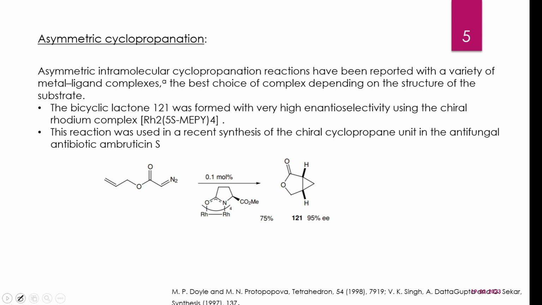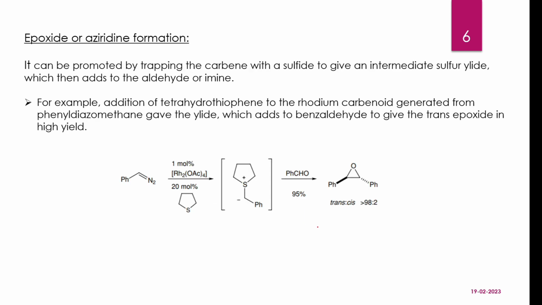So by using this chiral rhodium complex, we can get the cyclopropanation reaction with high enantioselectivity. This reaction was used in a recent synthesis of the chiral cyclopropene unit in the antifungal antibiotic ambruticin S.